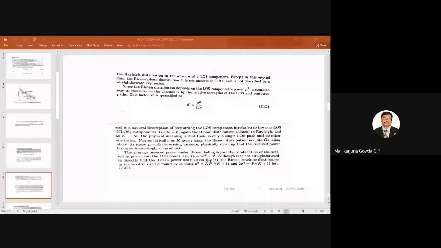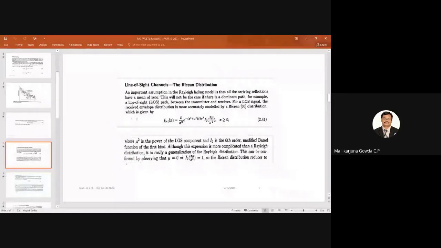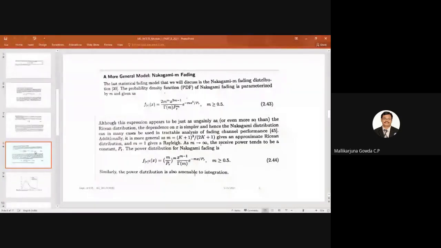I will not make it more complicated. What you need to understand is that Rayleigh fading is used for scattering type environments, and the Ricean distribution is used for line of sight paths. Keep these two things in mind, but you have to be able to write the expression because it is a standard equation.